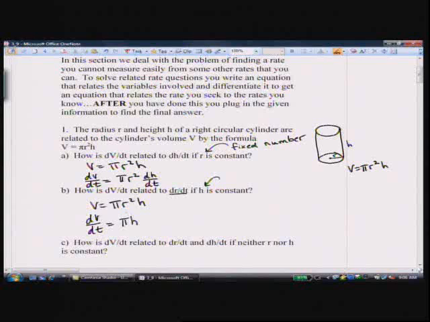Then you differentiate r squared like it's an x squared. How do you differentiate that? 2r, but you're differentiating with respect to time, so you have to say dr/dt. There's some implicit stuff going on there. And you might clean it up because we normally like to put the 2 first. So 2 pi r h dr/dt.